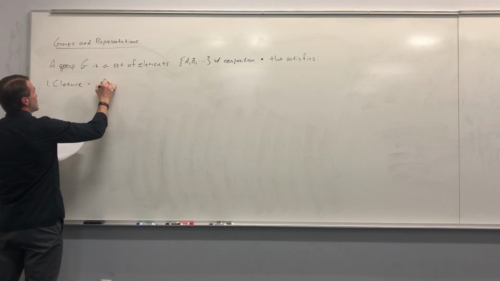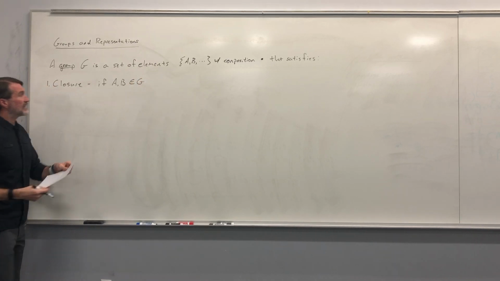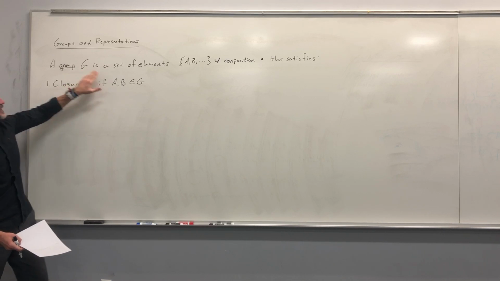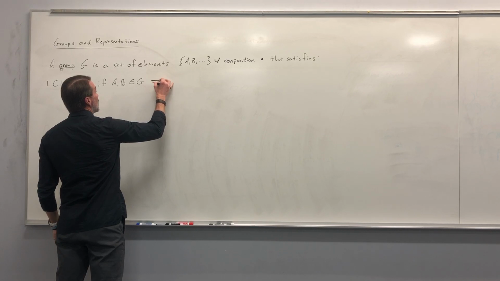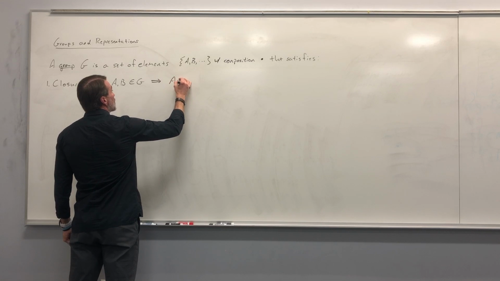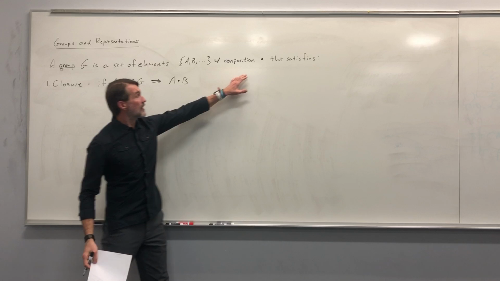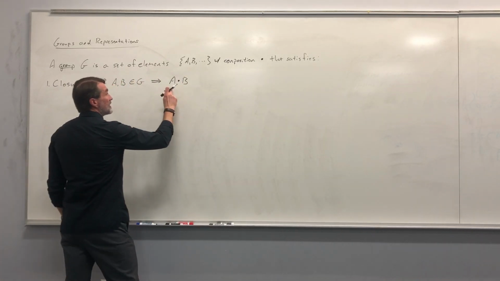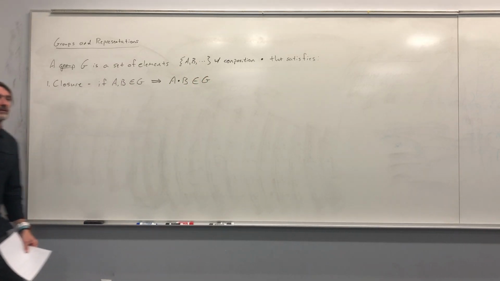And closure means if A and B are elements of the group, if A and B are in the set of elements of the group G, so this G is this full set, then A composed with B, again, this is the composition for the particular group, it can be of many different forms, must also be an element of the group.